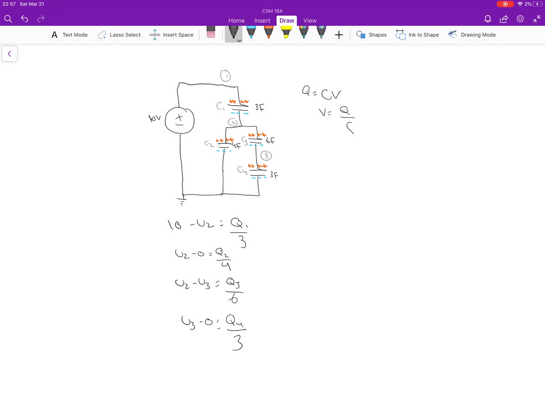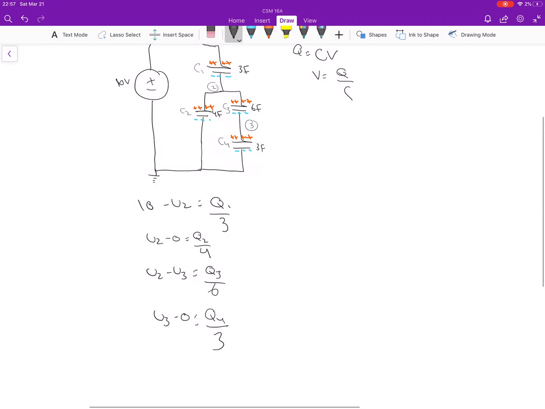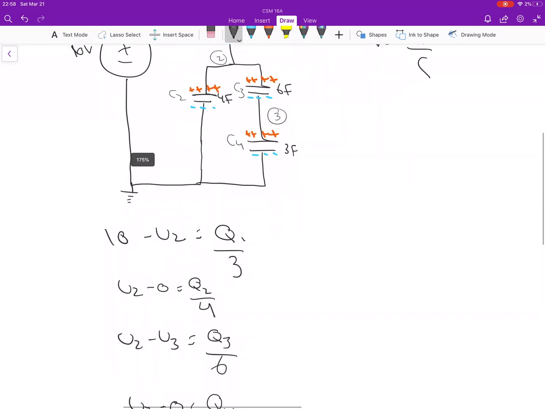Okay, so we know these, but of course this is not enough. You have way too many variables, so you need something relating just the charges as well. That was paralleled with us relating the currents. And what we're going to use is what I talked about in the previous lesson about series capacitors.